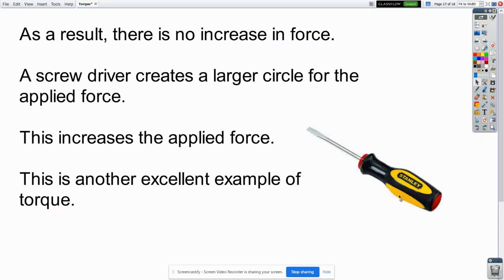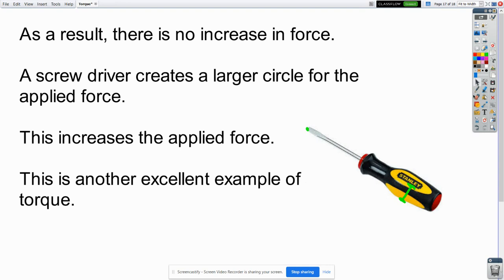When you use a screwdriver, you're turning the screwdriver up here. And the radius that you have up here is considerably larger than the radius that you have down here where the torque is being applied.